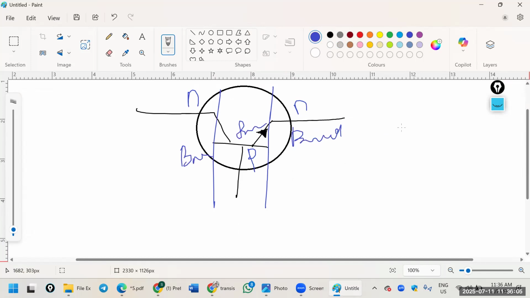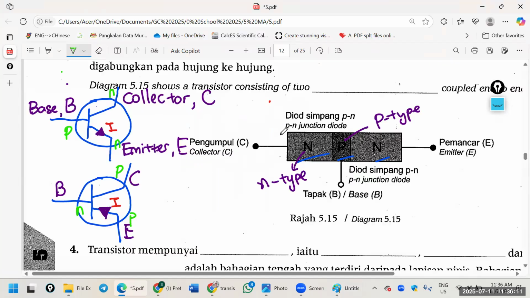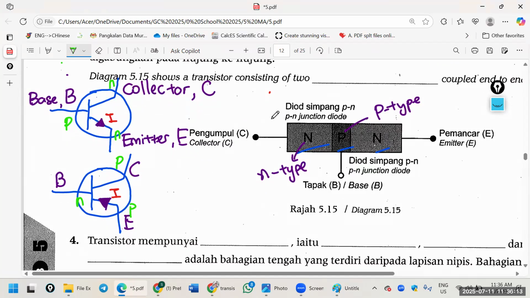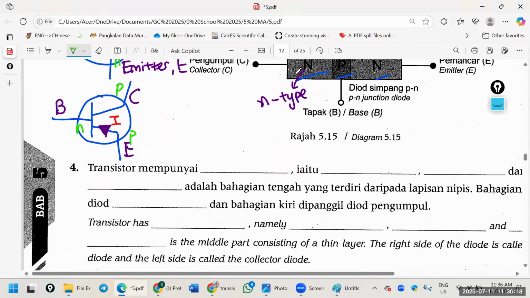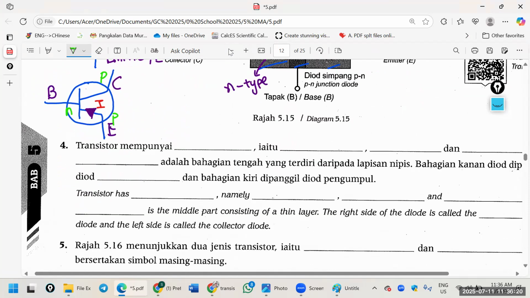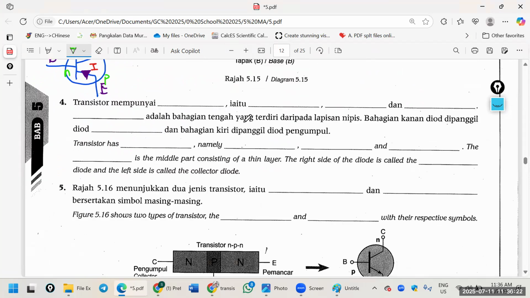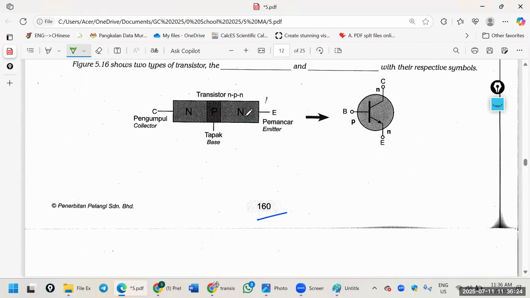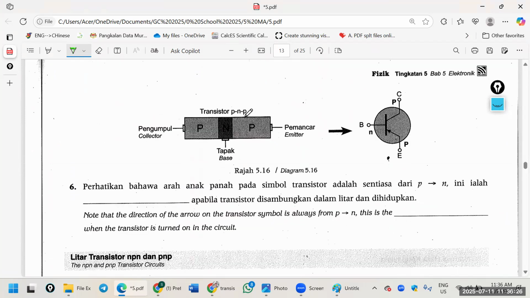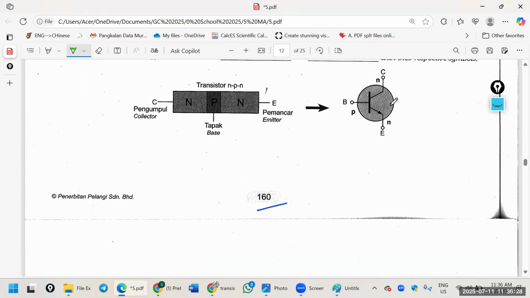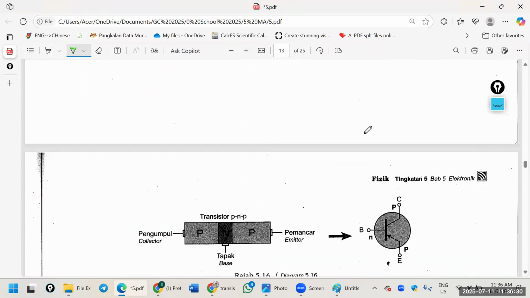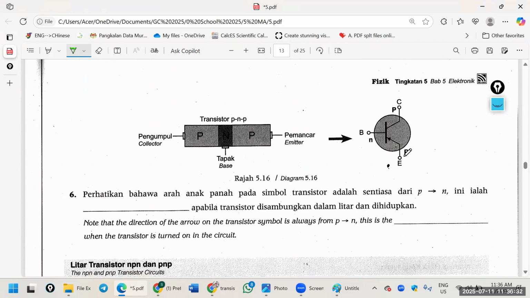Get the idea now? Okay, good. But anyway, the outside is always the same, CBE, alright? Normally this one will appear in objective questions. So you can see 160 is NPN, 161 is PNP, alright?